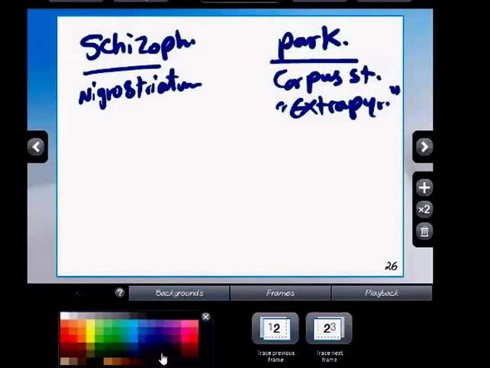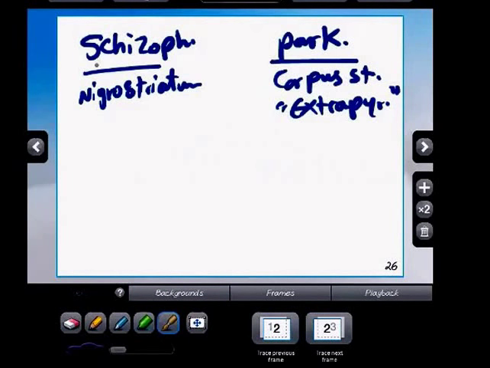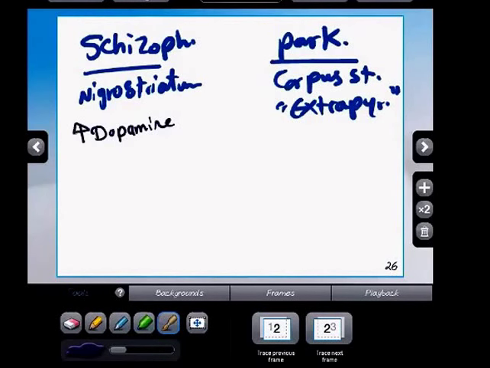Look with me: in schizophrenia the dopamine is high, and in Parkinsonism the dopamine is low.